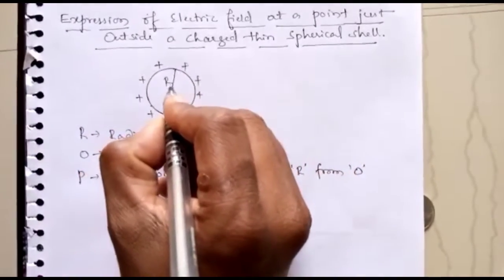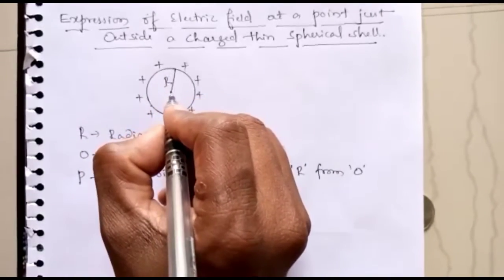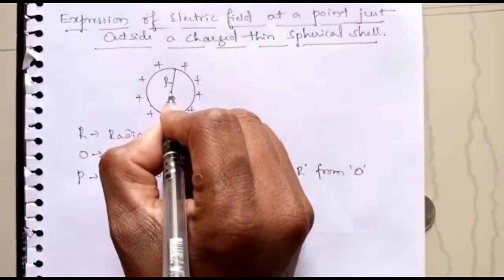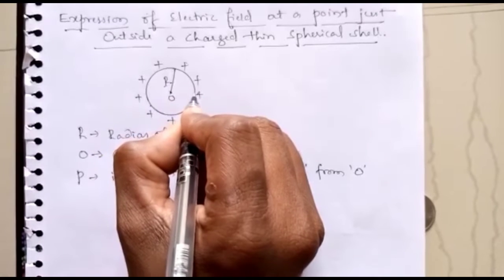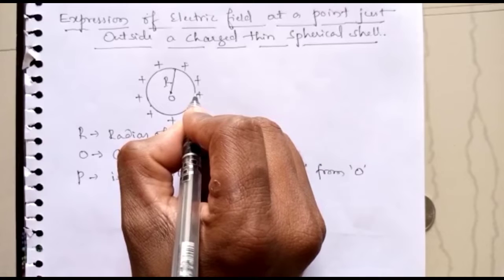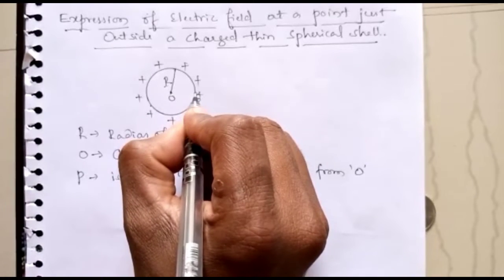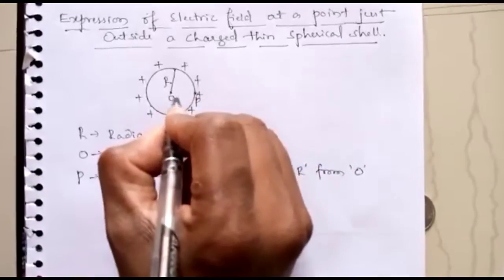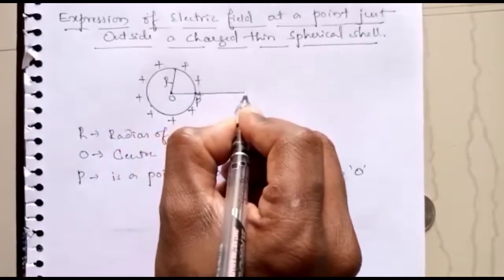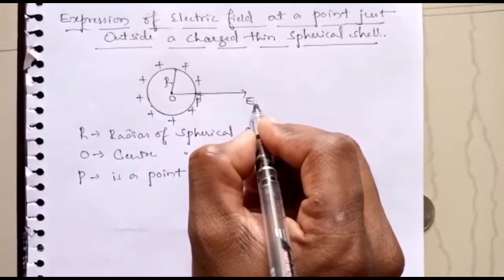Here R is the radius of the spherical shell and O is the center. P is the point at which we have to calculate the electric field. This is the direction of the electric field.